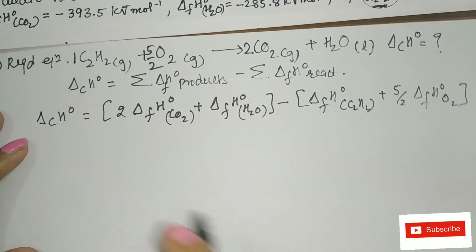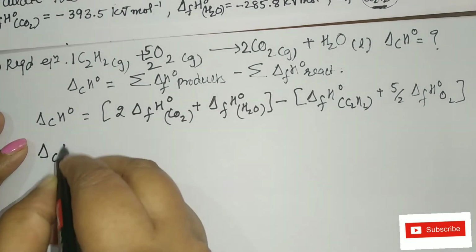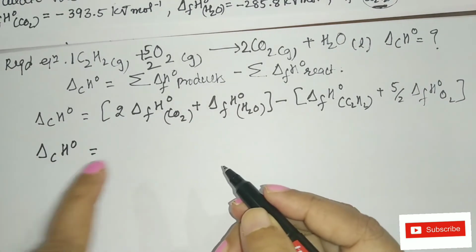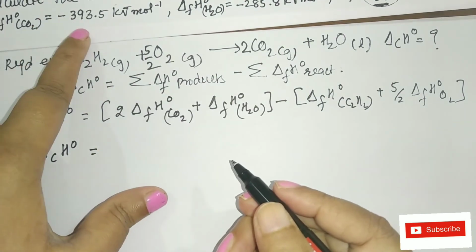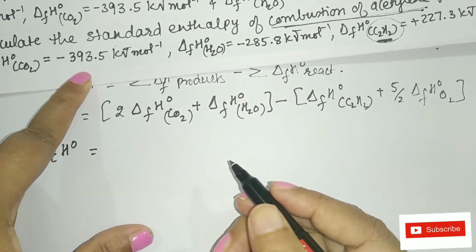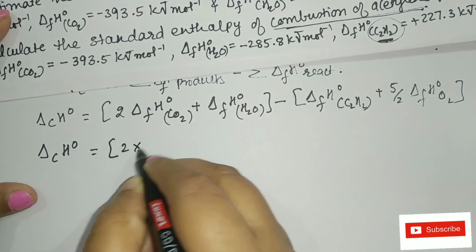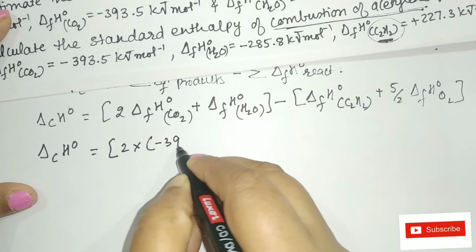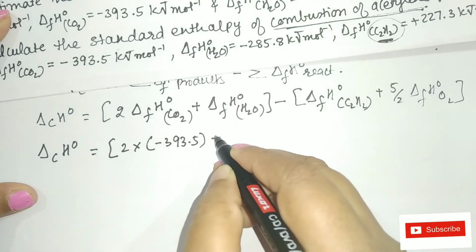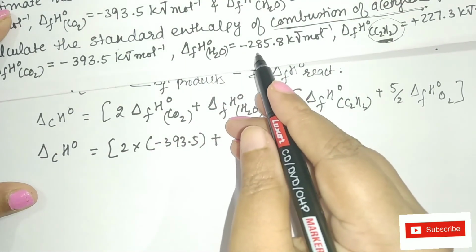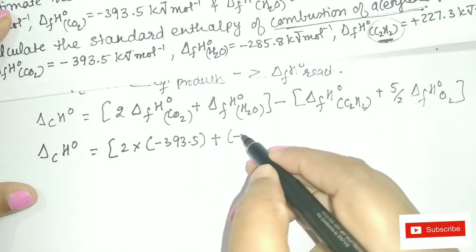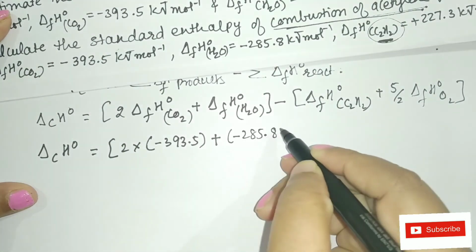Now let us start substituting the values. So delta H combustion is equal to 2 times that of carbon dioxide. Carbon dioxide they have given as minus 393.5. So right here, 2 into minus 393.5 plus water they have given minus 285.8.